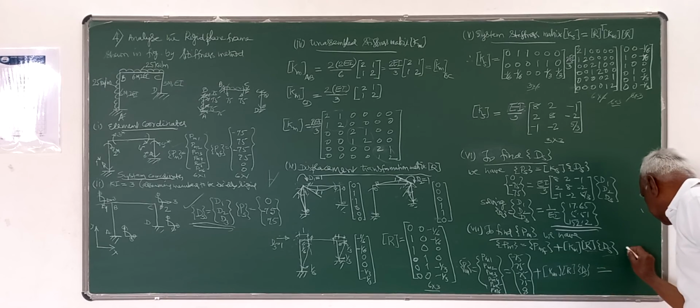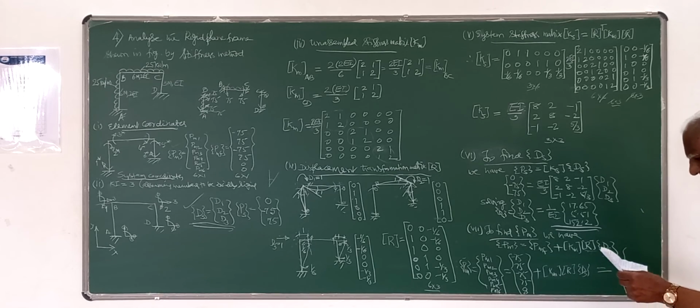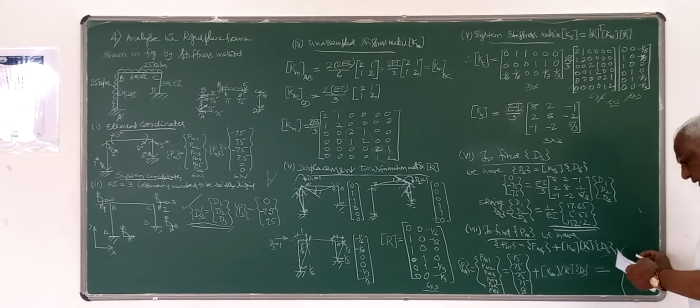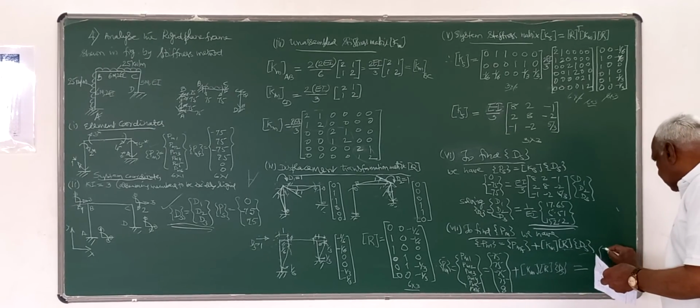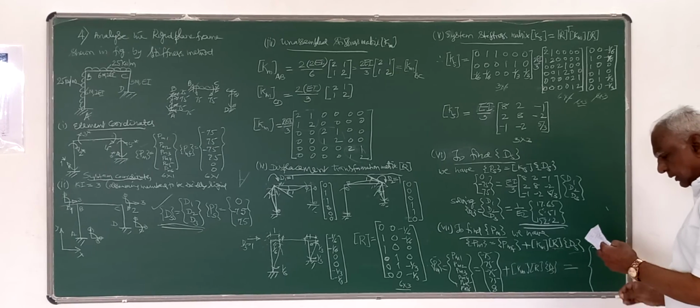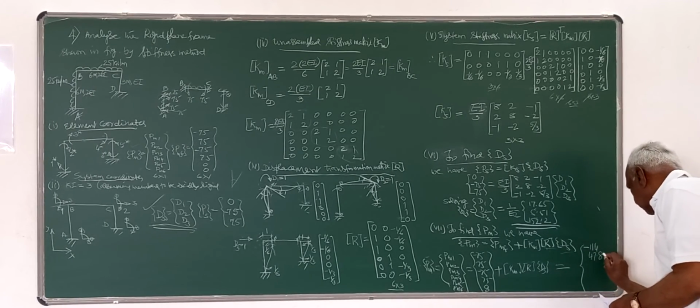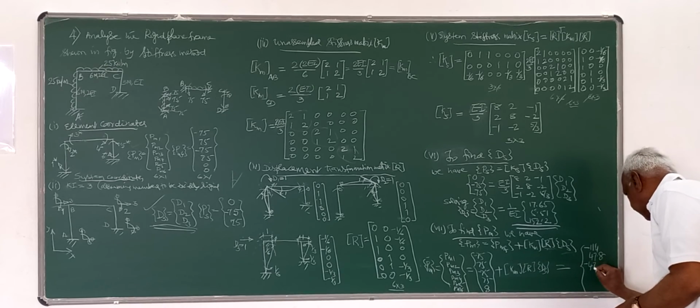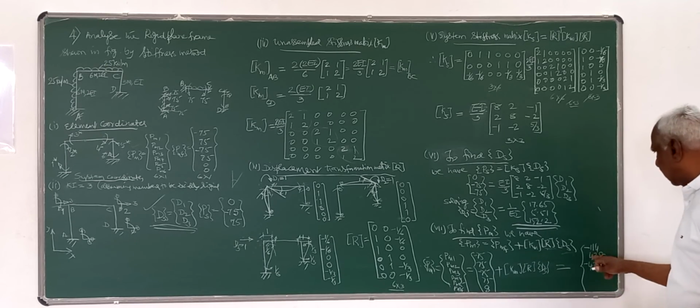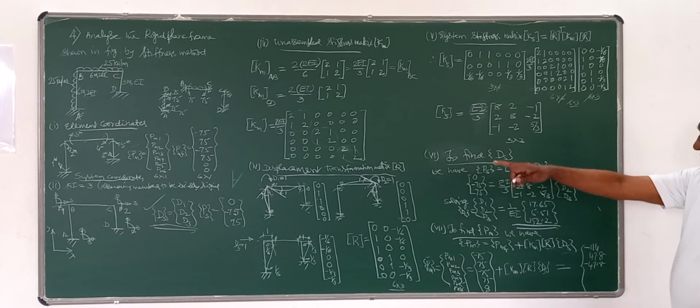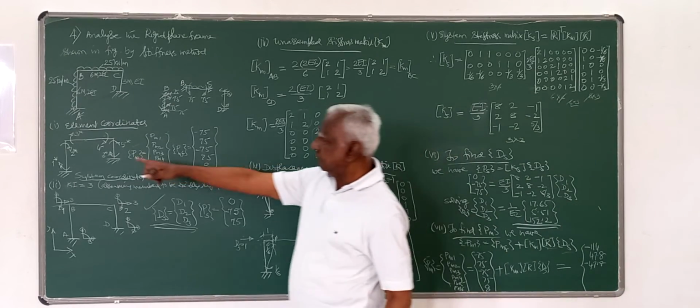If you simplify, you will get the result straight away. You will get the value as minus 114 and 47.8, minus 47.8.